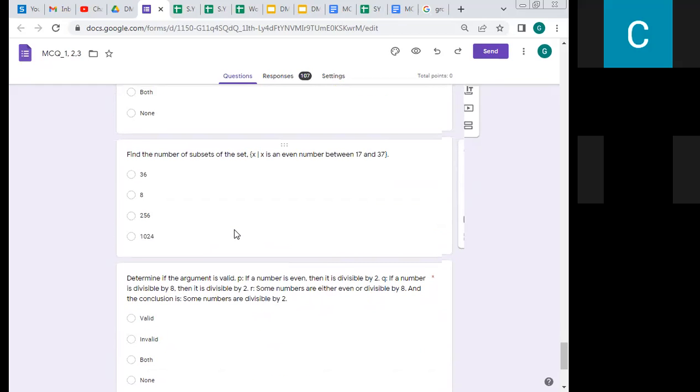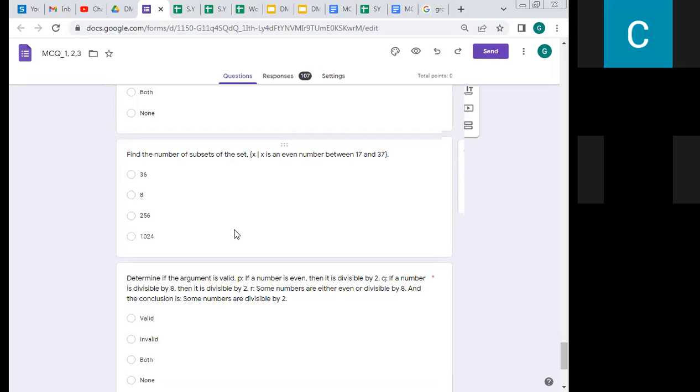Next question is find the number of subsets of a set X such that X is an even number between 17 and 37. 1024. Yes. How did you do this? Even numbers, 18 to 36, 2 raised to 10.